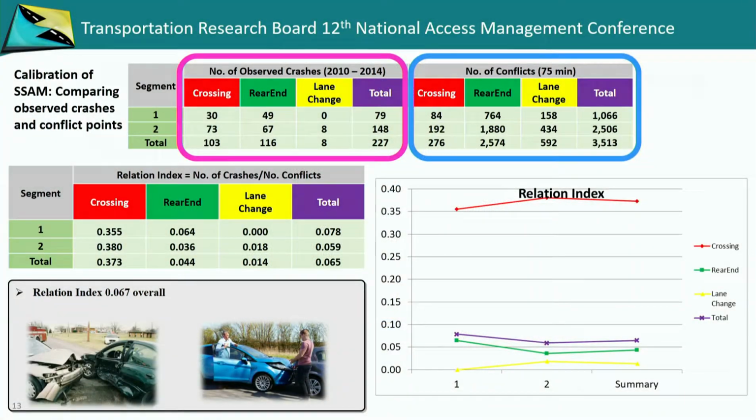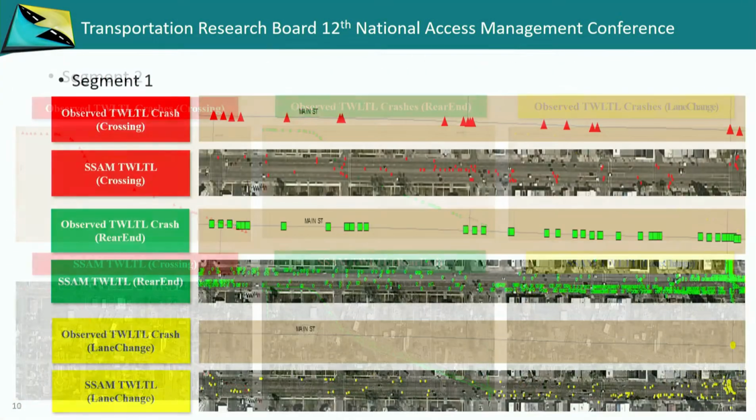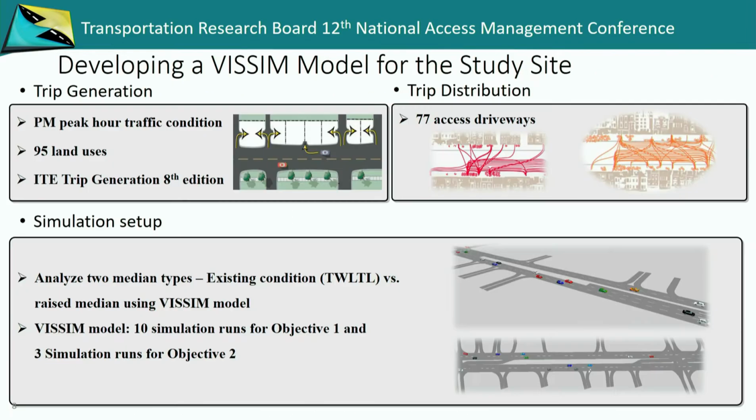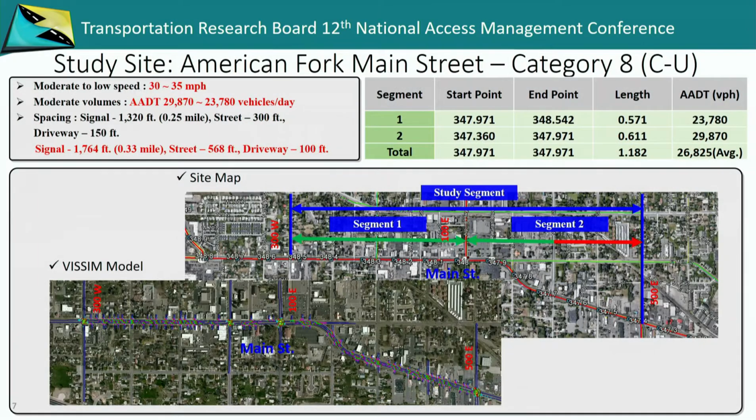Did you say what the speed was in this corridor? The question was, what was the speed in this corridor? I don't think I said, but I think I do have it here. I think it was 35, but yeah, it varied from 30 to 35.